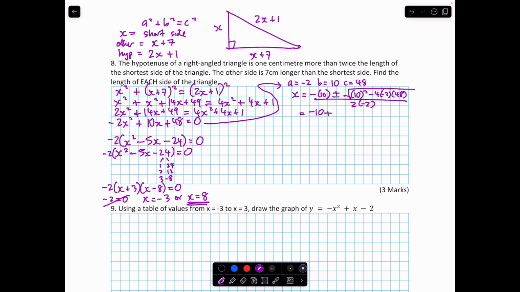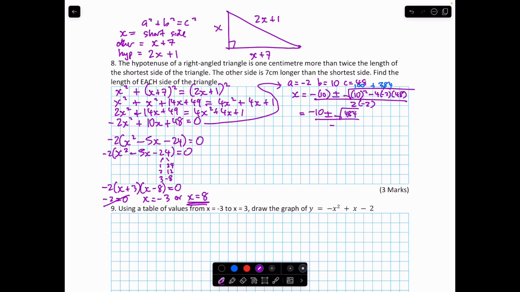Working out at the top: 100, -4 times by -2 is -8, -8 times by 48 is 384. So you're going to have, under the square root sign, the square root of 484.